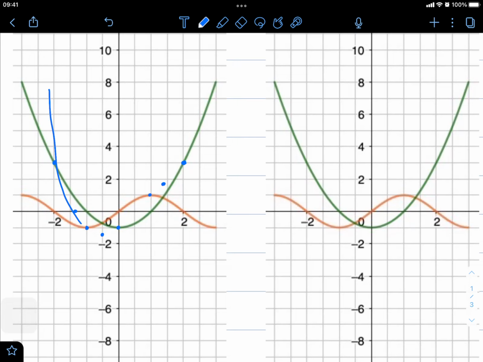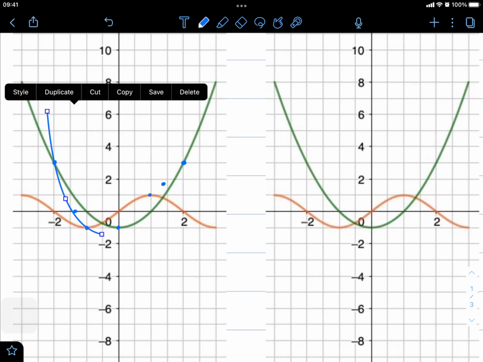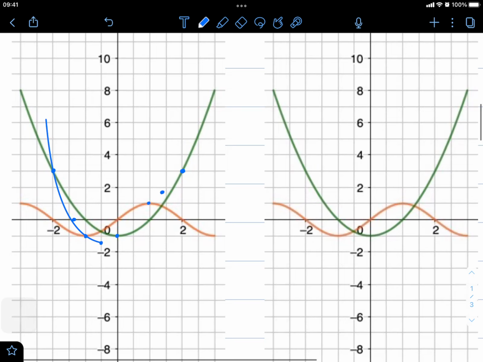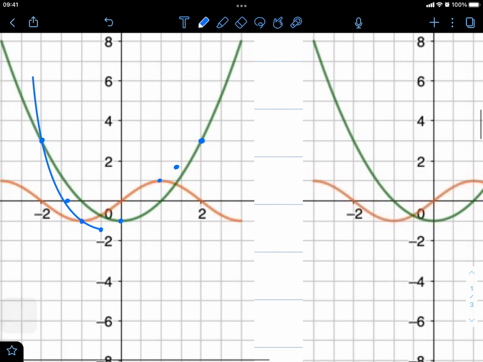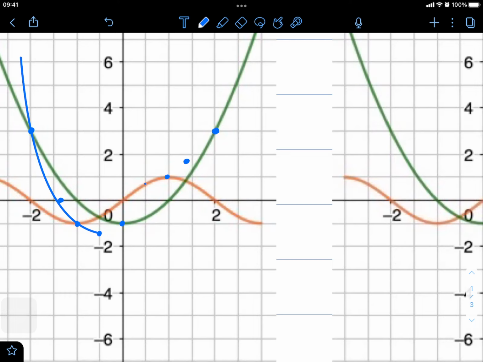Also, notice how it appears to be where it's going to be found, because this looks like it's going to be a parabola, like so. Now, for this point here, I can see that it looks to be about 0.75.